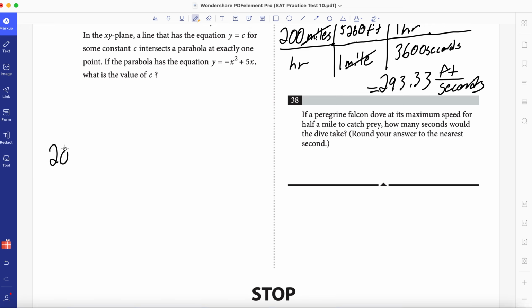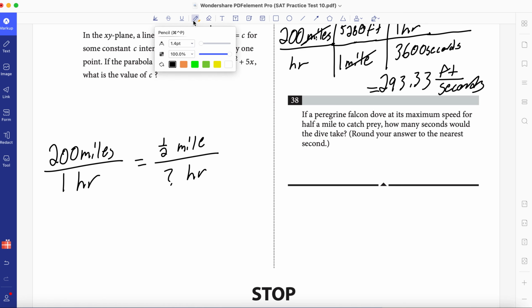So I know that in 1 hour the peregrine falcon dives 200 miles. So for 1/2 a mile, how many hours is that? This is just basic ratios. So here, I divided this by 400, so I just want to take this and divide this by 400.